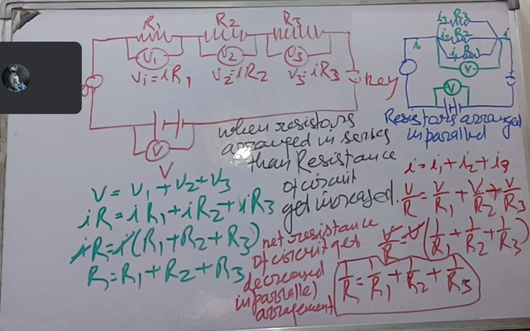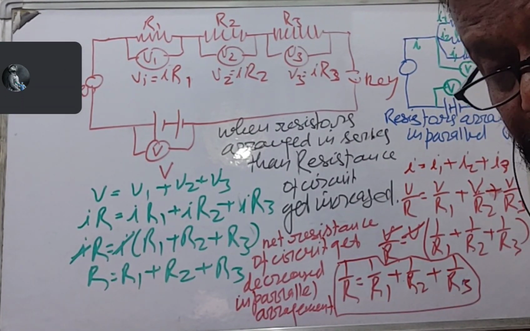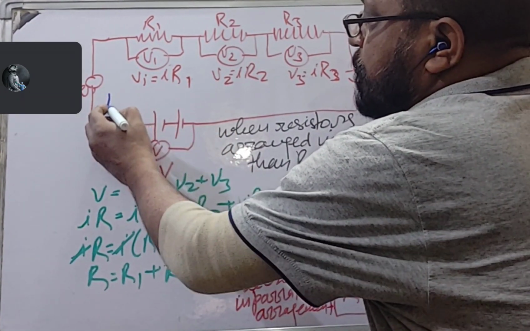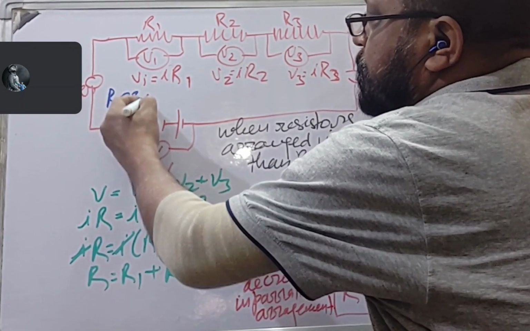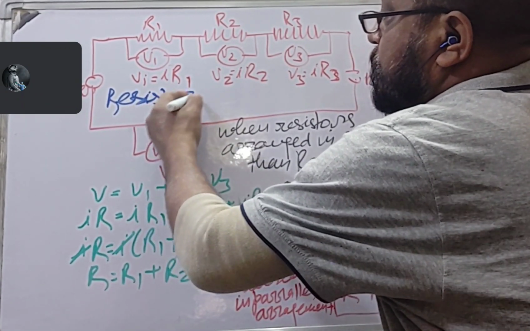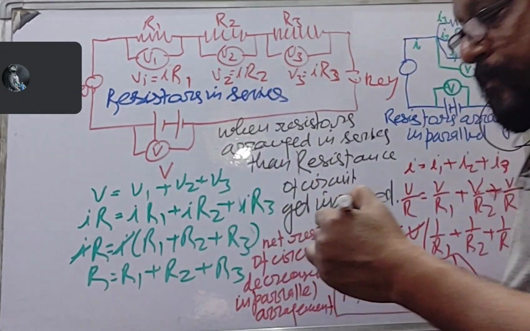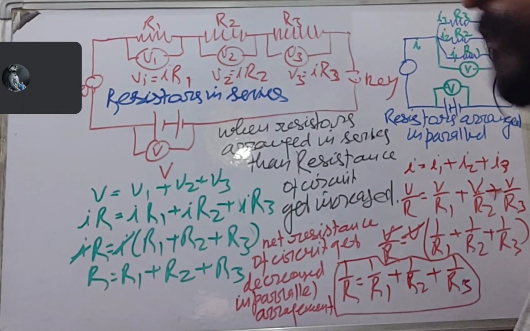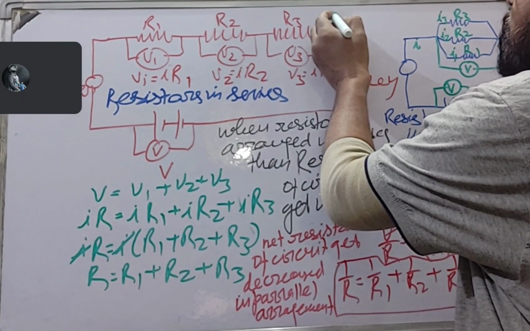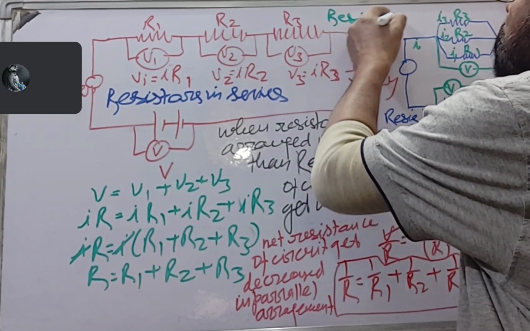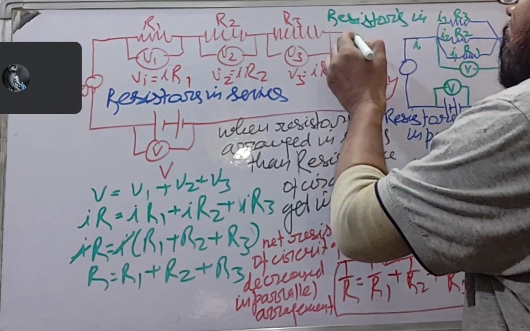So this is what we have about the arrangement of resistors. This is resistors in series, right? And this is resistors in parallel. Fine.